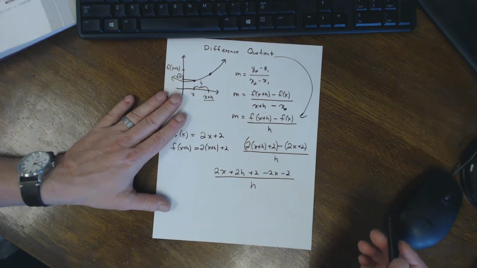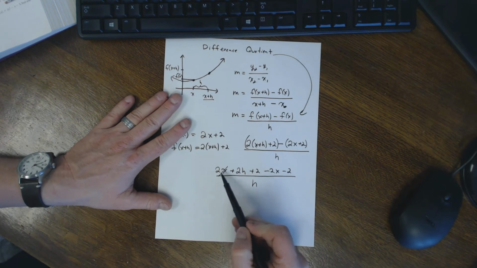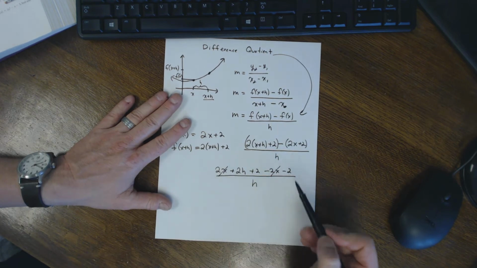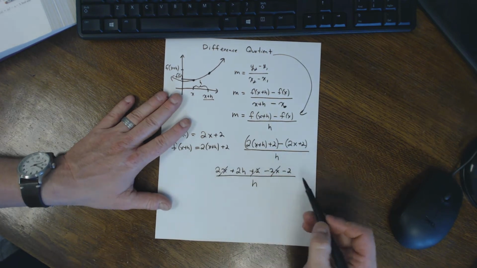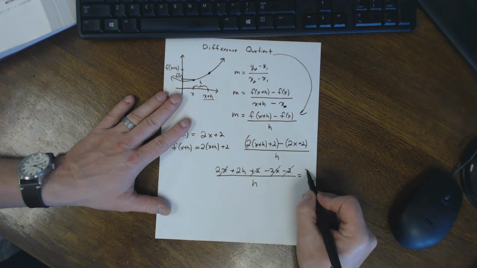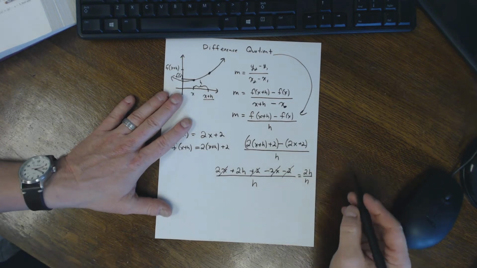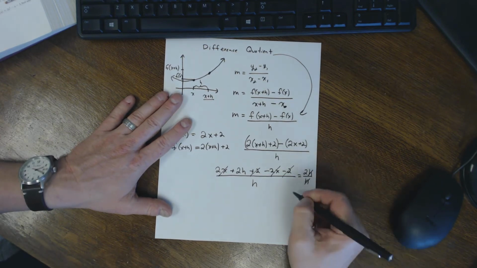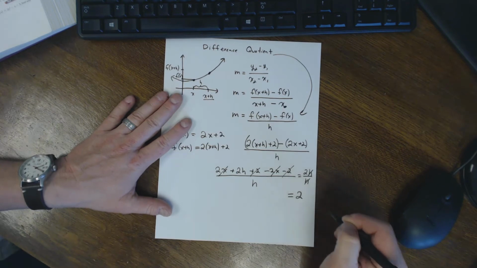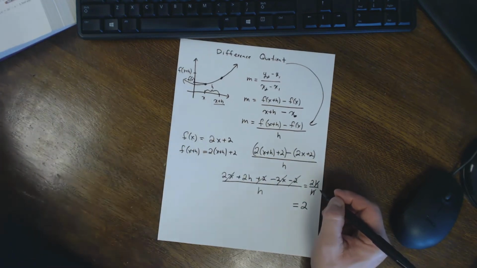Now we can see that we can cancel some things out, and this always happens when you do the difference quotient. 2x is going to cancel with 2x. 2 is going to cancel with negative 2. And so what I have left here is just plainly 2h over h. h's are going to cancel out, and I'm going to end up with 2. So this is a very simple example of the difference quotient.